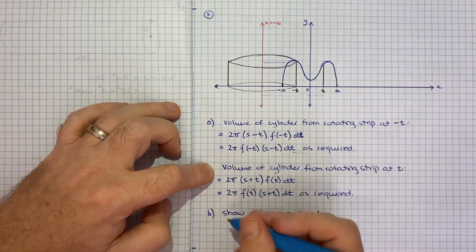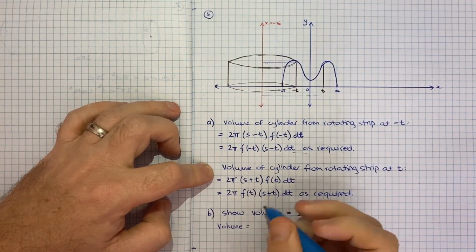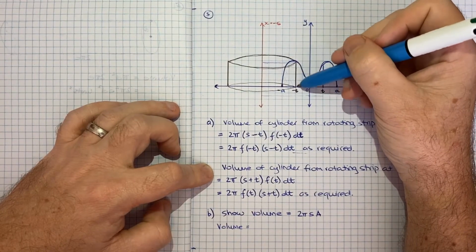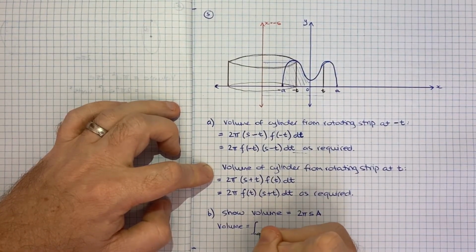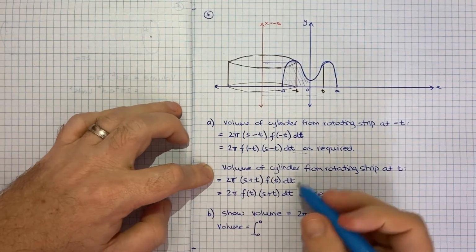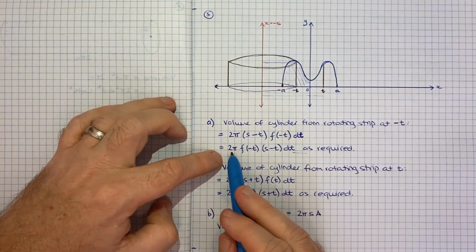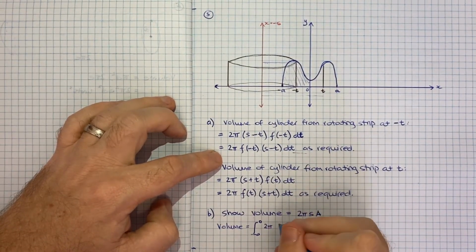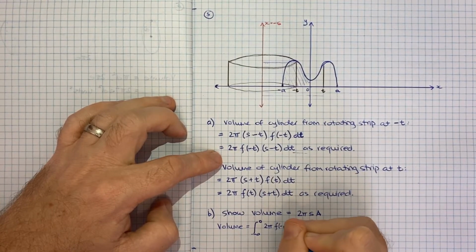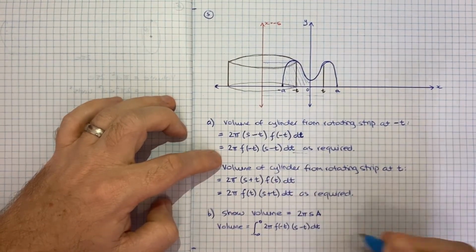So we can start by saying the volume will be equal to, first of all, this bit here being rotated, so the integral from negative a to naught of all of the strips in that range. And we've just worked out in part A that that's going to be 2 pi times f of negative t times s minus t dt.